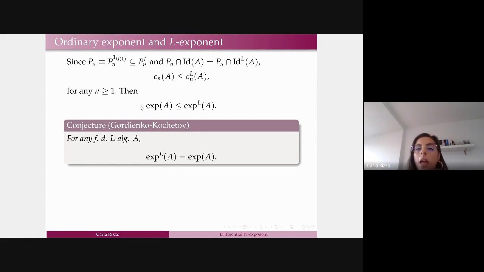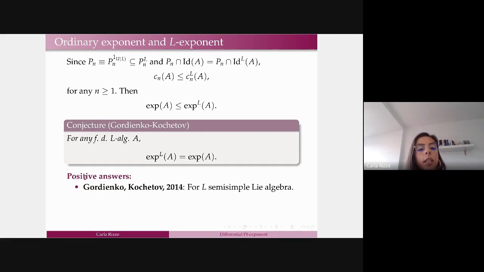We have examples where the exponent with involution is greater than the ordinary exponent. However, they conjectured this, and in the same paper proved that it is true when L is a semi-simple Lie algebra.